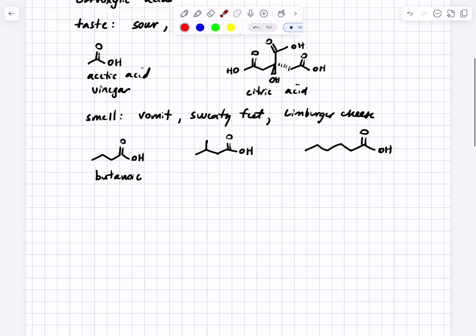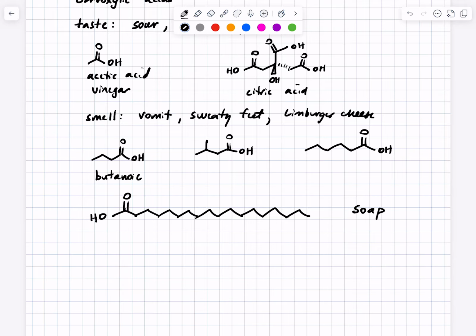Also interesting is if the carboxylic acid gets many carbons long, so let's say 2, 4, 6, 8, 10, 12, 14, 16, 18. This is something that you could use as a soap.